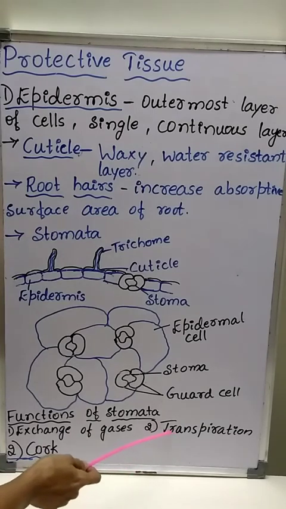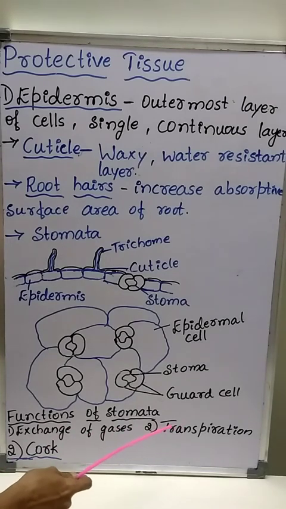Another function of stomata is transpiration. Transpiration is the process of loss of water in the form of water vapor through stomata from aerial parts of the plant.